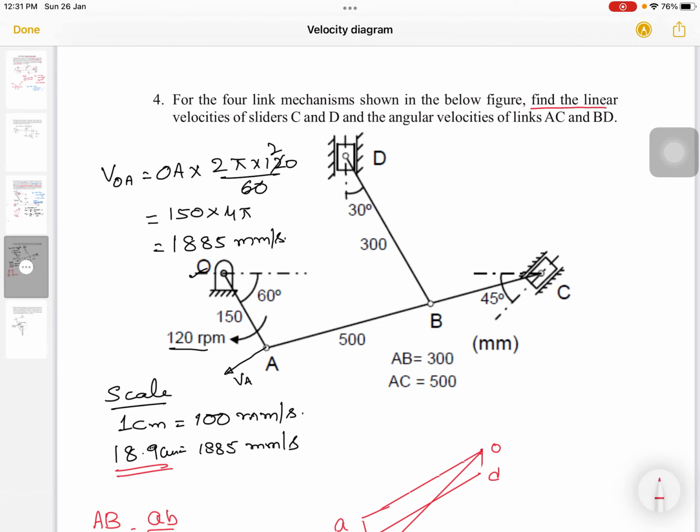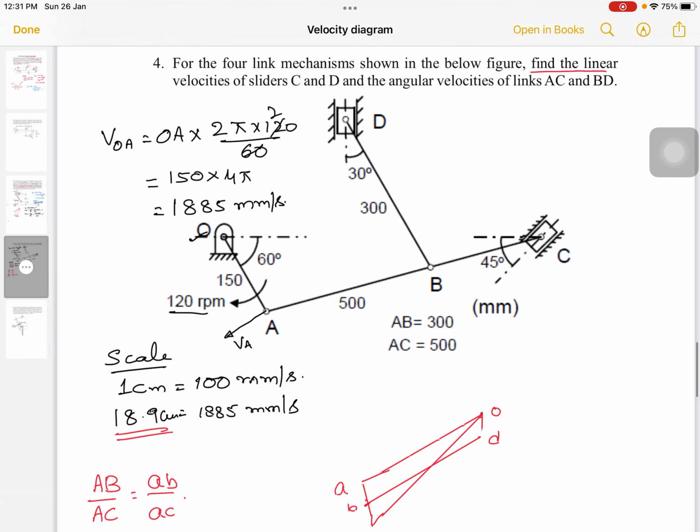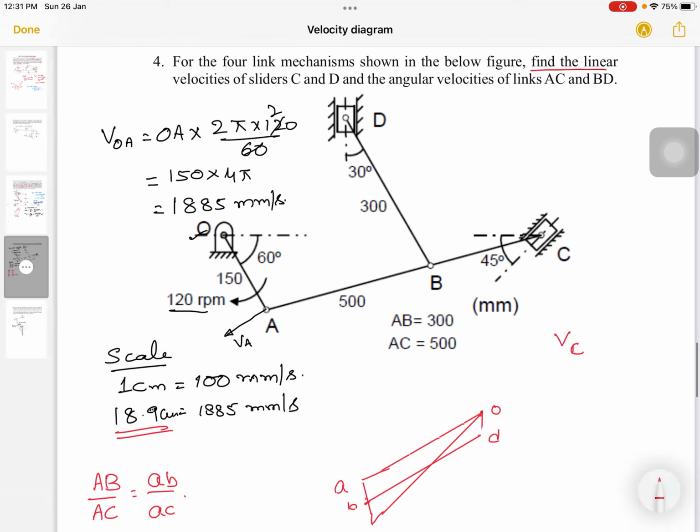The linear velocities of C and D. Velocity of slider C is equal to the length of OC measured, multiplied by the scale that you have considered. Similarly, for the velocity of D, you measure the OD length and multiply with the scale, which gives the velocity of slider D.